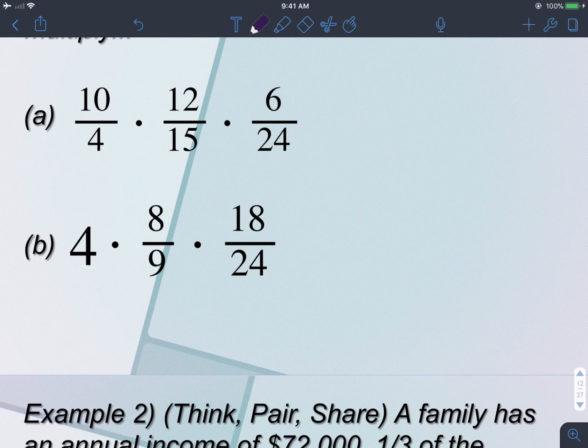I think that I can now reduce not just the 10 and the 4, but like the 4 and the 12. Because it's all being multiplied together, right? Well, if I divide 12 by 4, I get 3, and this turns into a 1.